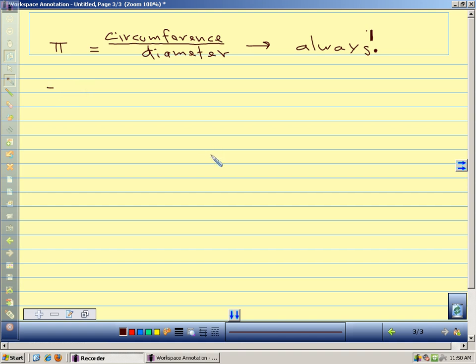If your problem asks you to write it as a decimal, as an approximation, that just tells us we're multiplying everything together in our calculator.